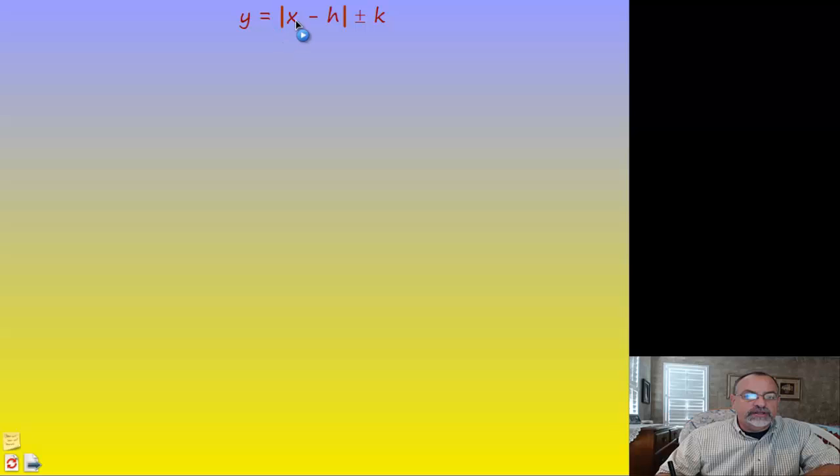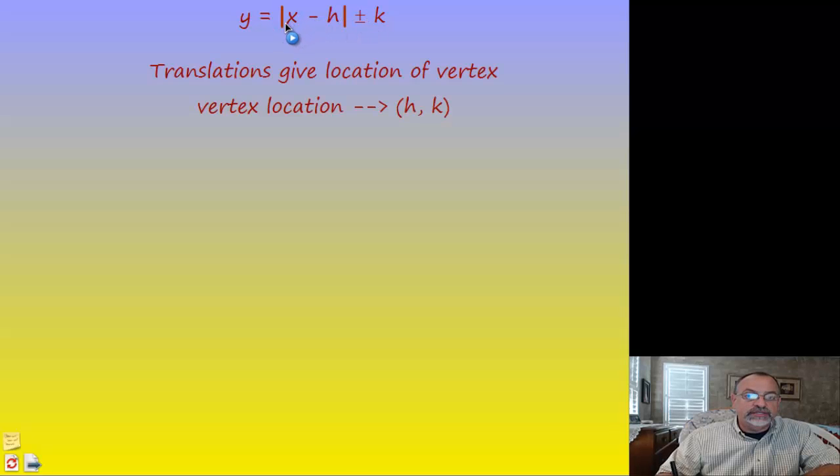So very quickly then, an absolute value equation would look like this, where H is the horizontal shift and K is the vertical shift. What that does is it shifts every point H that far and every point K. And we're most interested in the vertex. With the parent function, we start with the vertex at 0, 0.